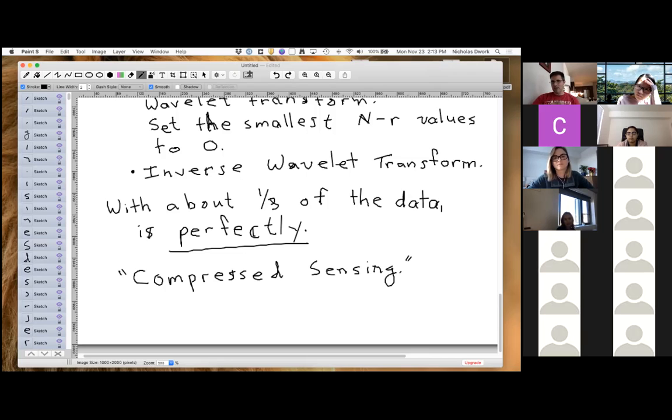They proved it probabilistically. There's all sorts of literature on this, but this is definitely the gist. Any questions about anything?